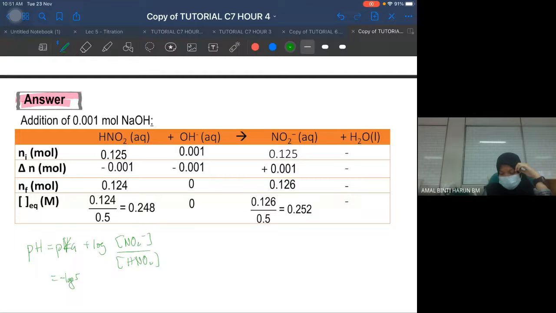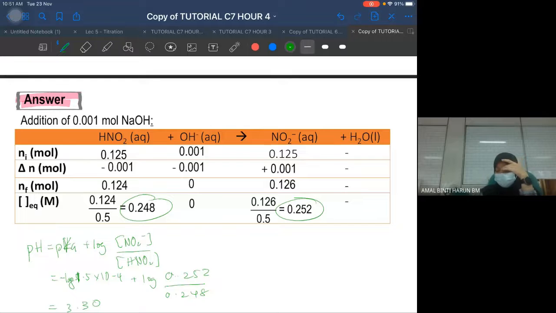Negative log 1.5 exponent negative 4, plus log concentration dia tadi ya. The salt is 0.252 divided by the weak acid. So the pH is 3.30.